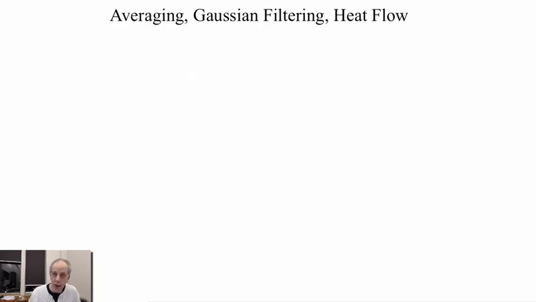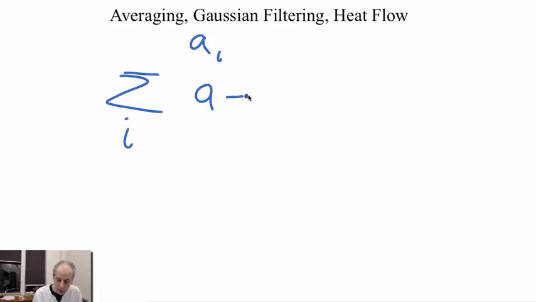If I give you a set of numbers, let's call them a sub i, and I'm asking you to find the number a such that the sum over every i of (a minus a_i) squared is as small as possible, the result of this is the average of the a_i.